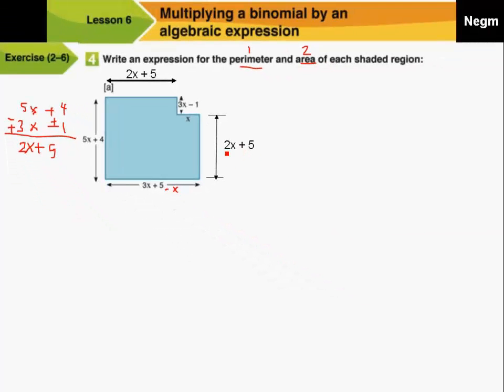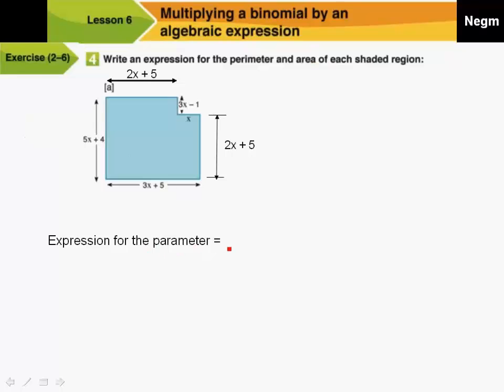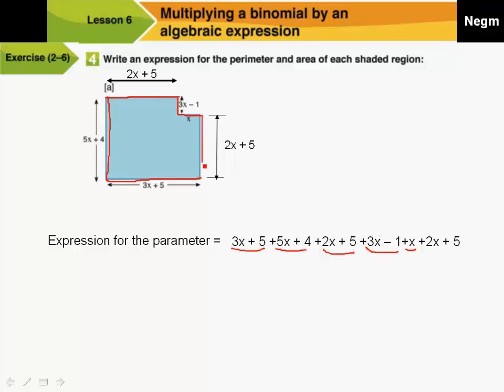Expression for the perimeter is equal to this length 3x plus 5, plus this length 5x plus 4, plus 2x plus 5, plus 3x minus 1, plus x, plus 2x plus 5. Okay, we have to collect like elements together between two brackets to make a summation of them.